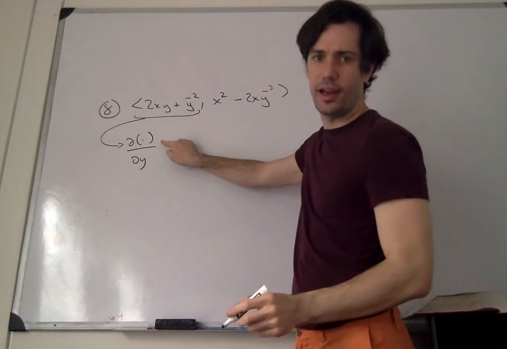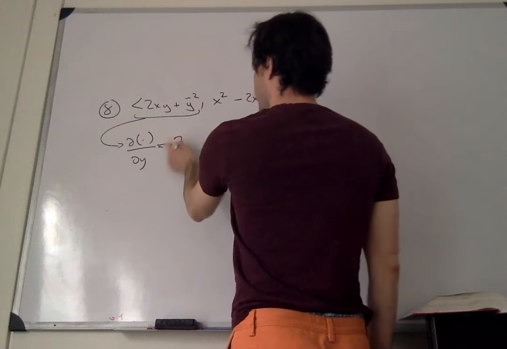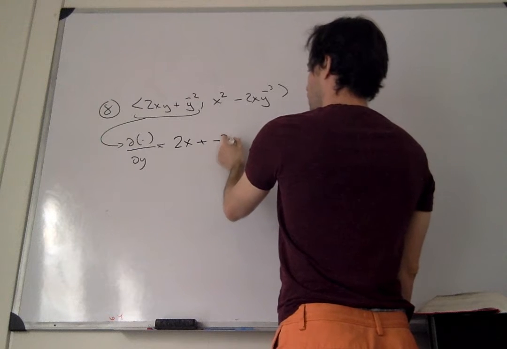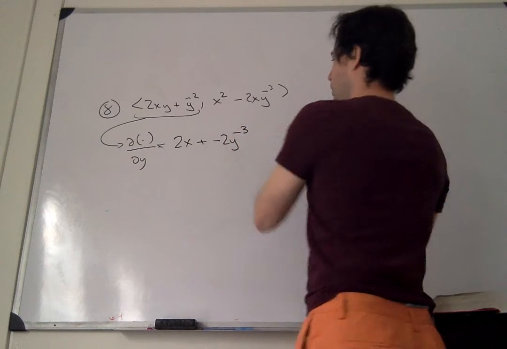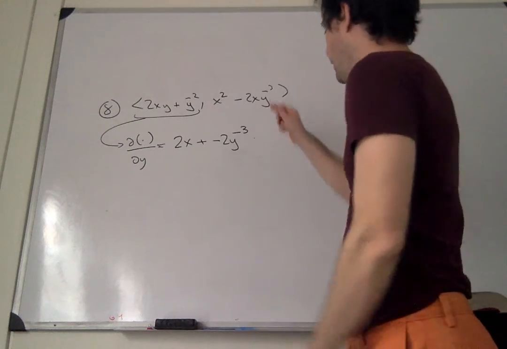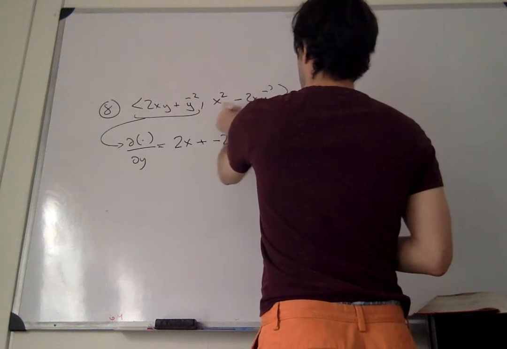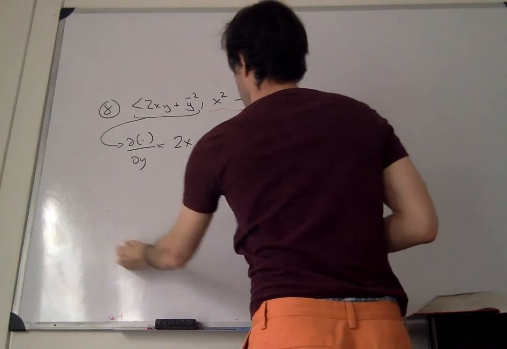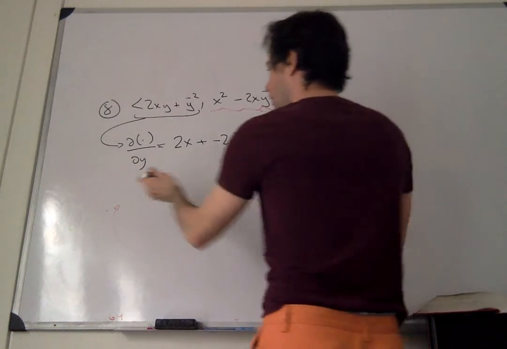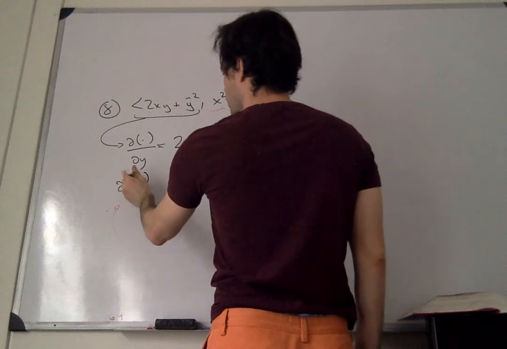but the derivative of that with respect to y is 2x plus negative 2y to the negative 3. And the derivative of the second one, I'll just say Q, right?